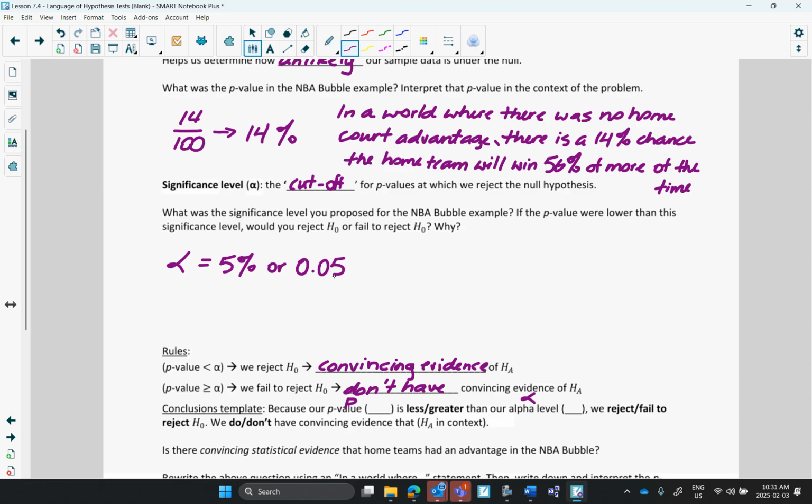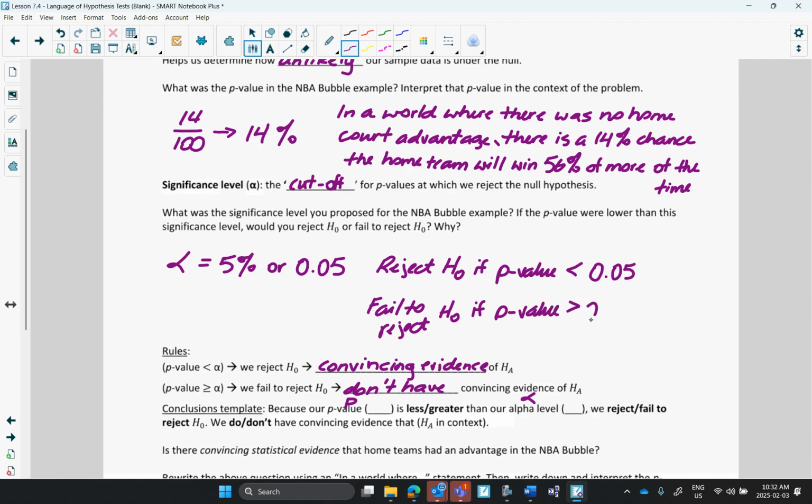So we would reject the null if our p-value is less than 0.05, but then we would fail to reject or don't reject H0 if the probability value, or p-value, was greater.